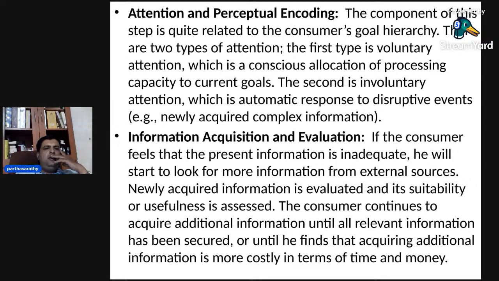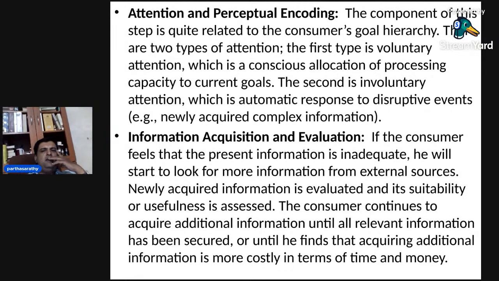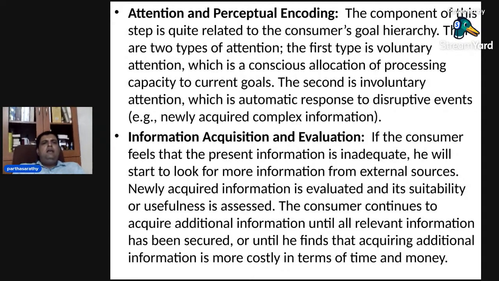The second is involuntary attention, which is automatic response to disruptive events and newly acquired complex information. See, the conscious attention and the second, involuntary attention. These two things have to be taken into consideration.